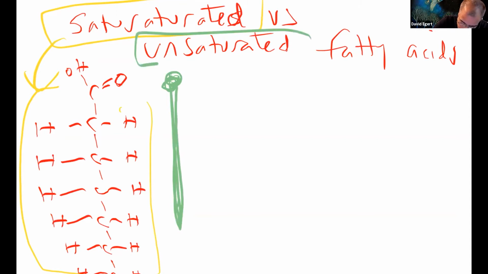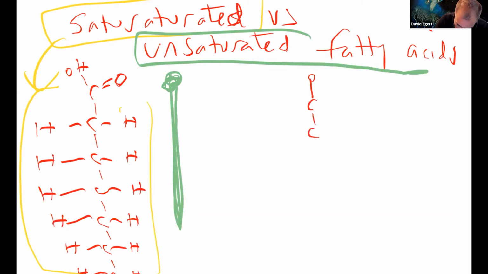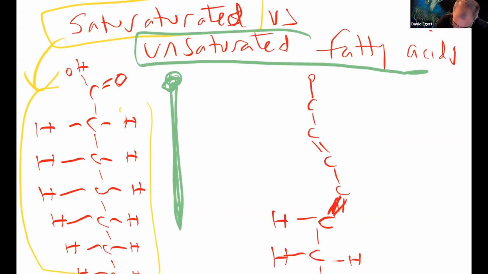If you have an unsaturated fatty acid, that's when you actually have double bonds between the carbons. So wherever there is what's called a point of unsaturation, there's a double bond.